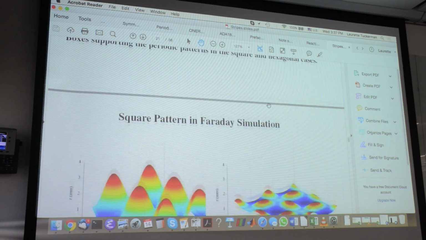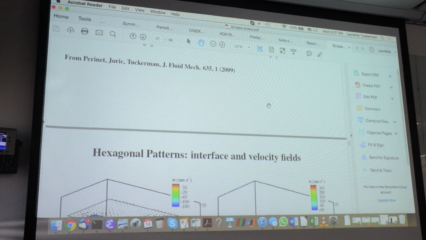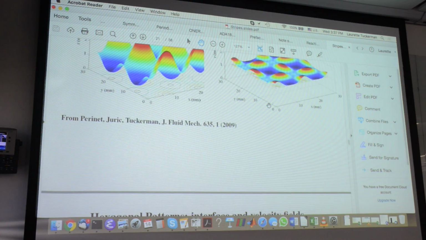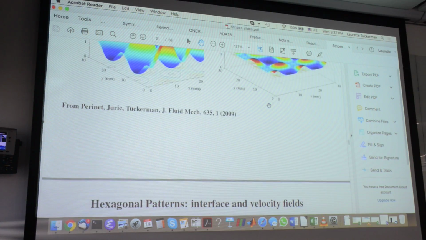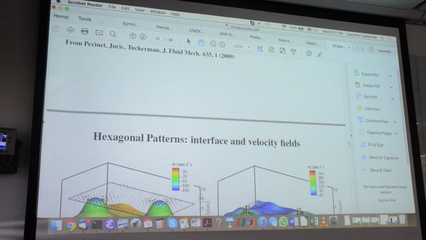You already saw it in the Faraday problem, although maybe I'm mixing up what I showed in my seminar yesterday and what I showed in the class, square and hex. Let's see.